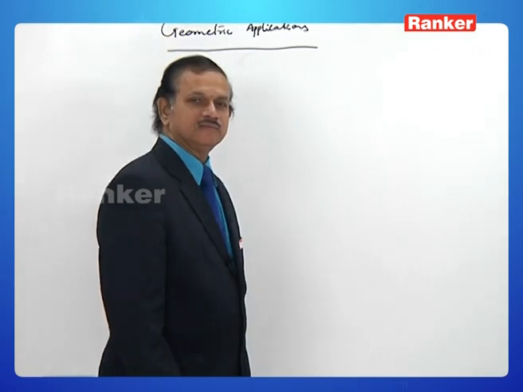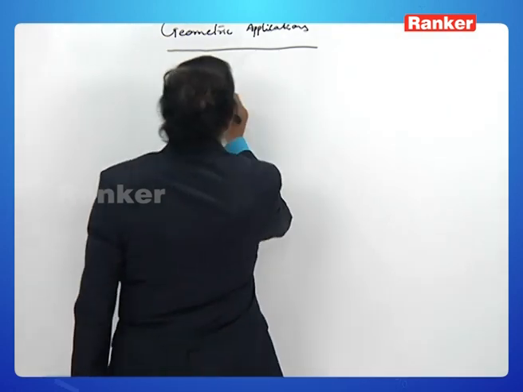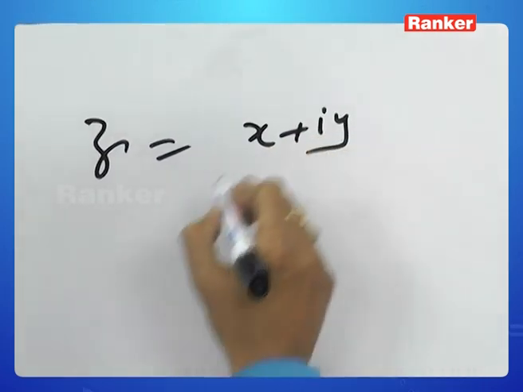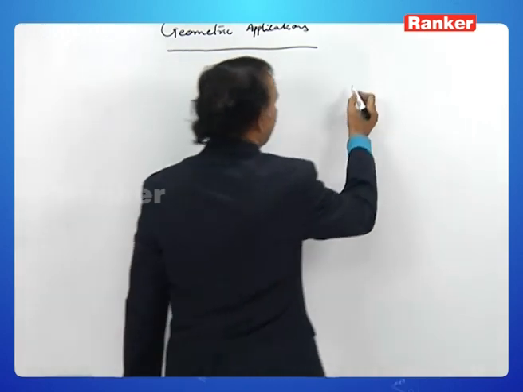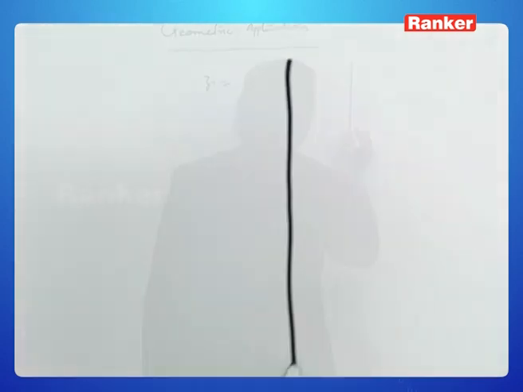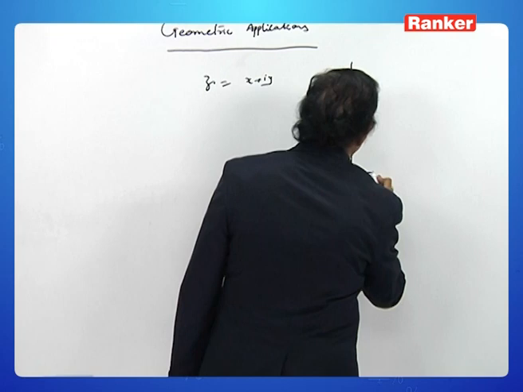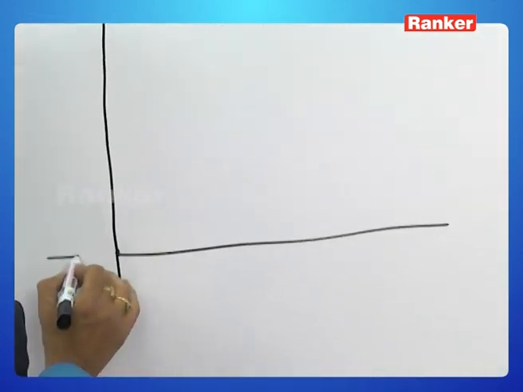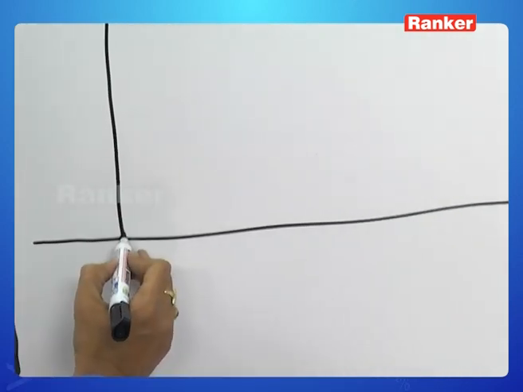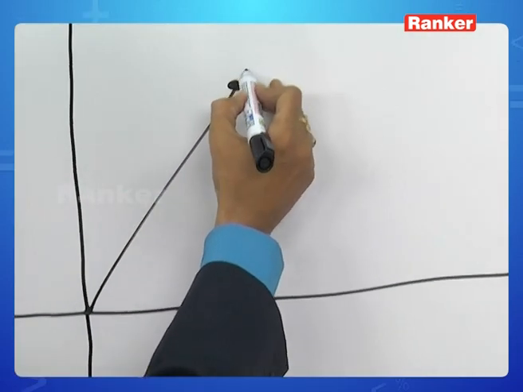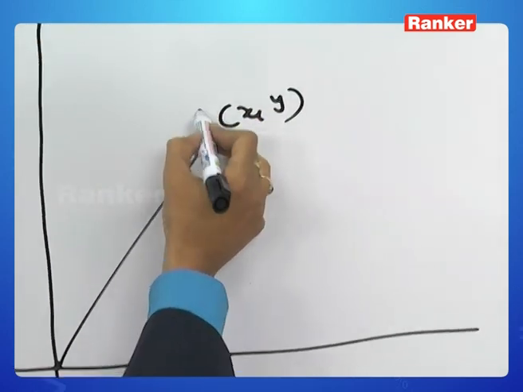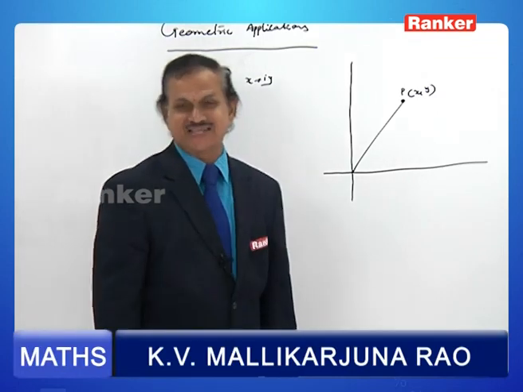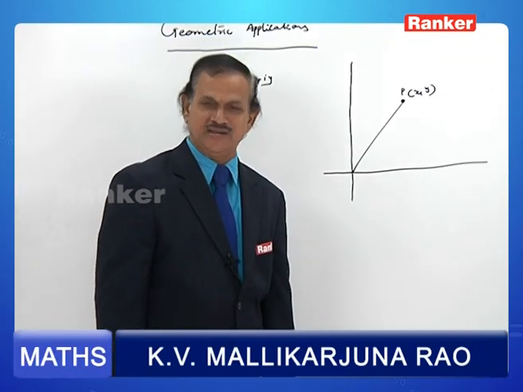We recall that if z is equal to x plus iy is a complex number, then it can be represented as the point P(x, y) in the Argand plane.